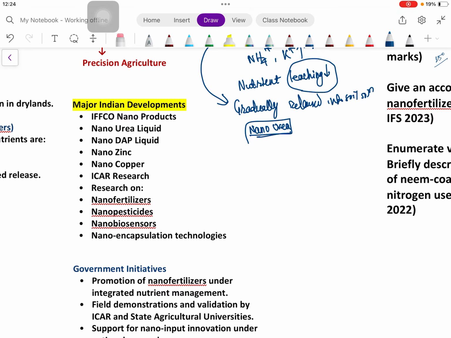Then see, this nano urea, which is nano size, gets into the plant through stomata or cuticle. Then it enters the leaf tissue. In the leaf tissue, urea gets converted to, suppose, ammonium or then nitrate.